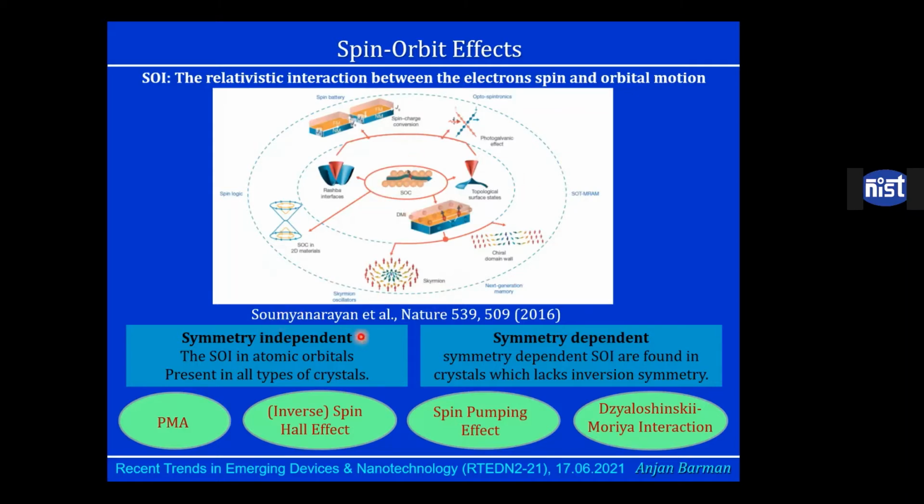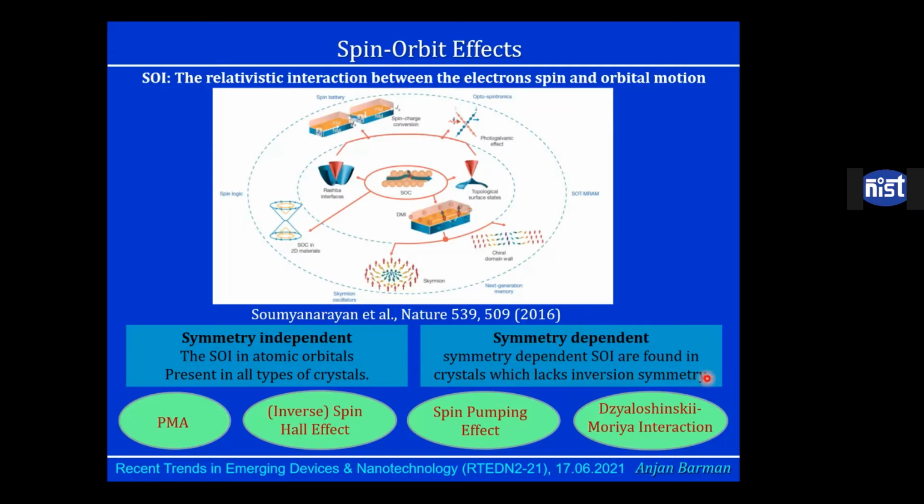The spin orbit coupling in a thin film heterostructure can have two different origins. One is the symmetry independent part, which occurs in atomic orbitals and is present in all types of crystals. It's pretty much the bulk effect. Whereas there is a symmetry dependent part, which depends on the spatial environment and is found in crystals which lack inversion symmetry.